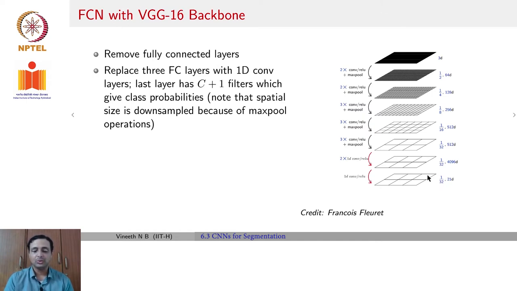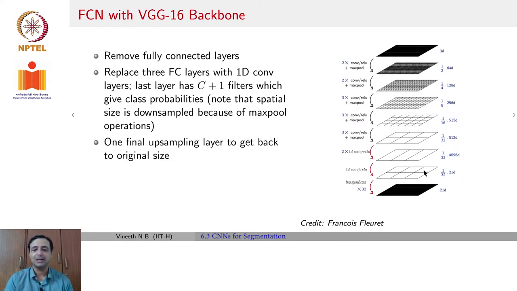However, you notice here that while you have 21 channels, the output is still smaller in size when compared to the input resolution. So you finally have one upsampling layer which is done using transpose convolution to get back to the original size. This is what was done in fully convolutional networks.